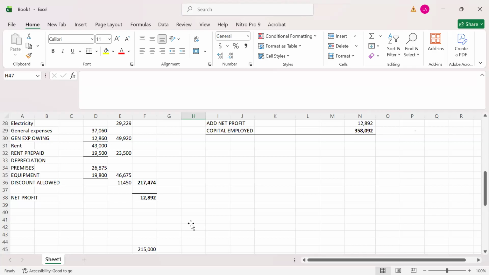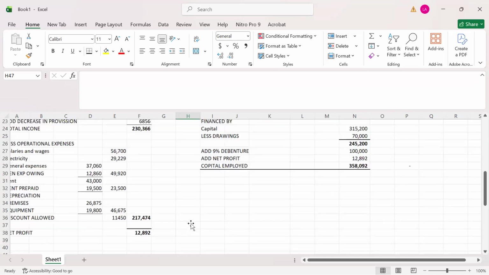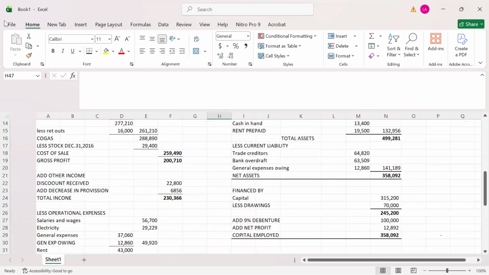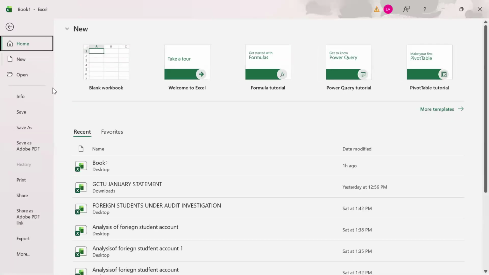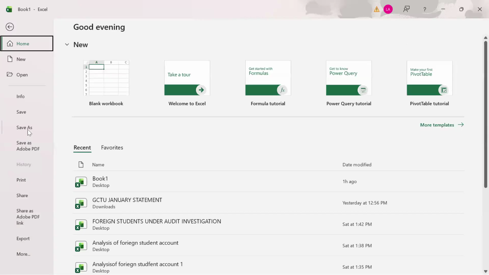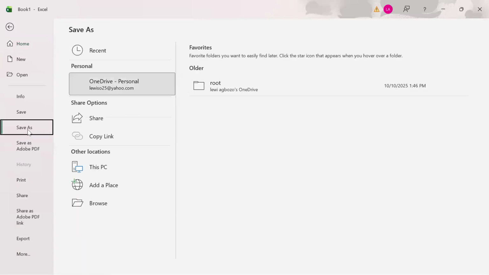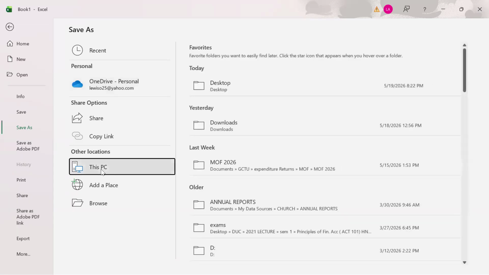So if there's anything, you call. I'm sending this to Abraham. Abraham, I'm sending you the Excel sheet. Share with the other people. Please, has Abraham been sharing the things with you? Yes, sir.